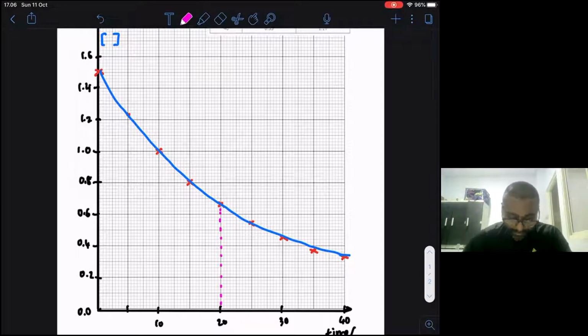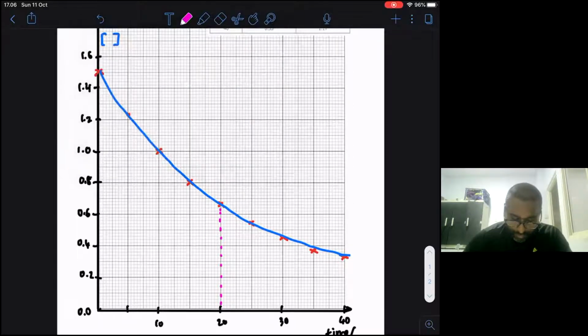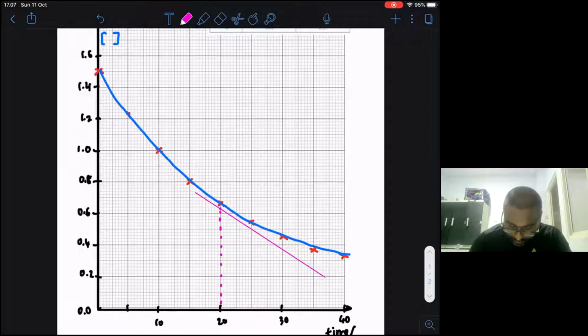So let's say we want to draw this tangent. I will show you. I'm drawing like this. This is going to be a straight line. I will draw this first and try to bring this line so that it touches at that one point.